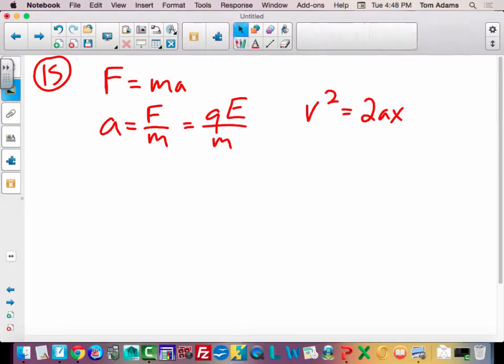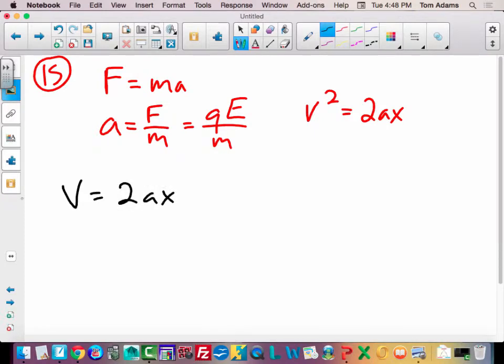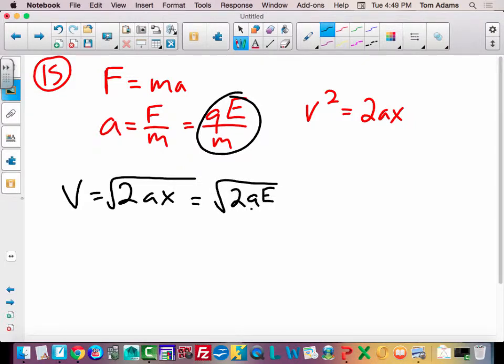Now I want to solve for v. I take the square root of both sides, and the final velocity is the square root of 2 times the acceleration times x. We said that the acceleration is equal to qE over the mass, so we're really going to take the square root of 2 times qE over the mass times the displacement x.